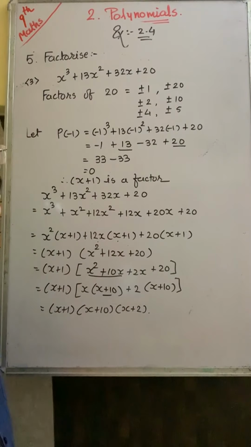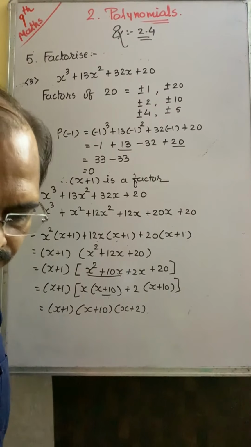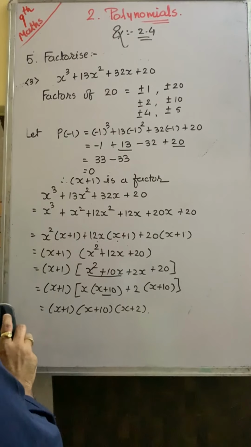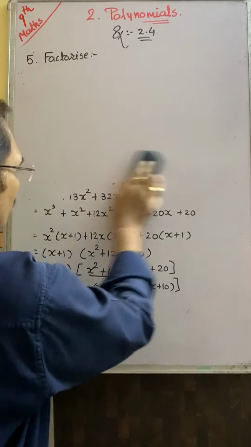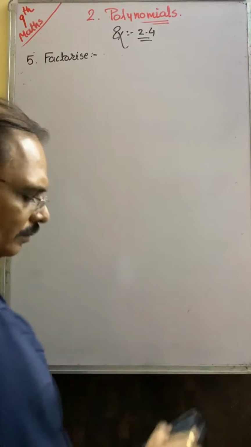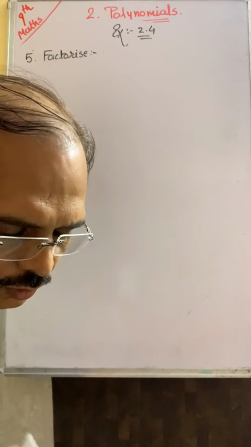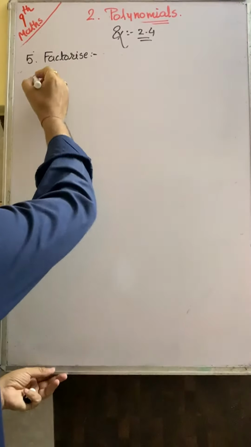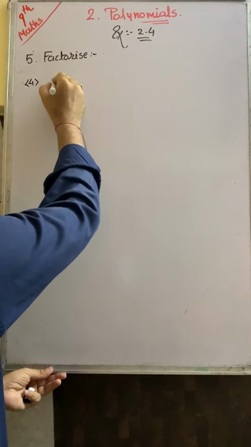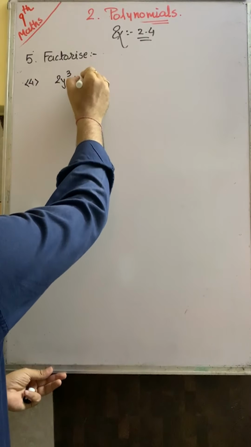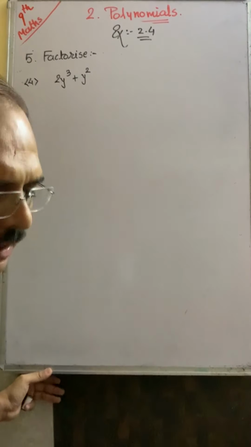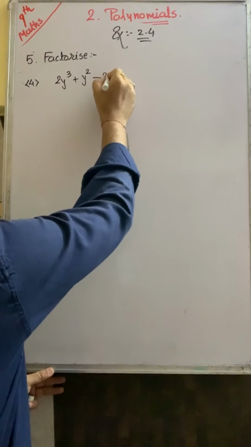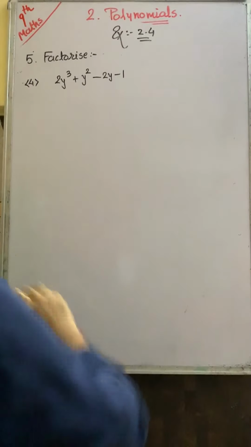Okay, see now question number 4. Four is very simple. 2y cube plus y square minus 2y minus 1.